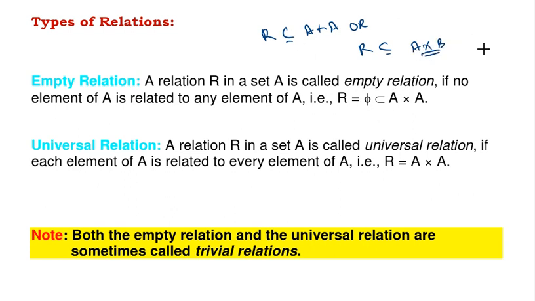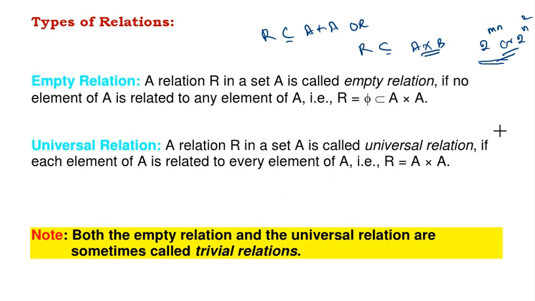The total number of relations is 2 power mn, or 2 power n square for a single set. If a relation is defined in a single set with n distinct elements, the total number of relations is 2 power n square, otherwise 2 power m into n. This is nothing but the cardinality of the power set, that is the total number of subsets of A cross B. The cardinality of the power set of the Cartesian product A cross B gives the total number of relations.